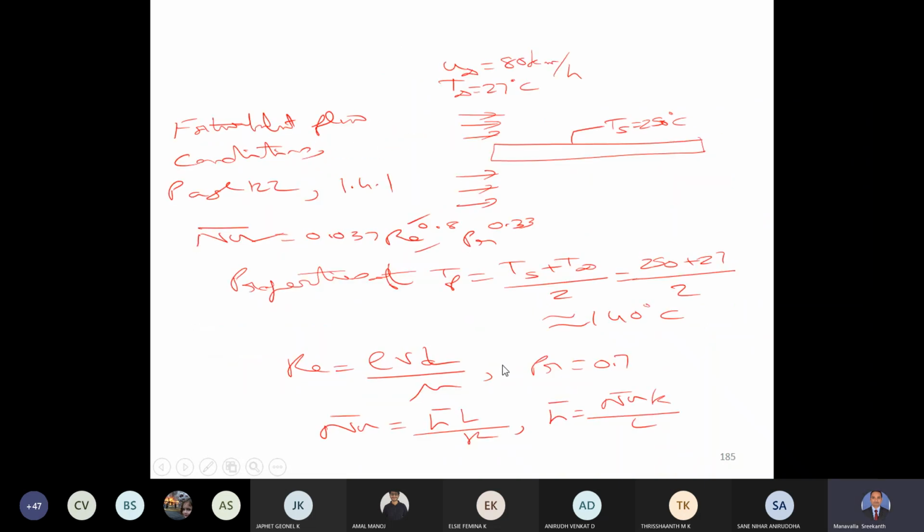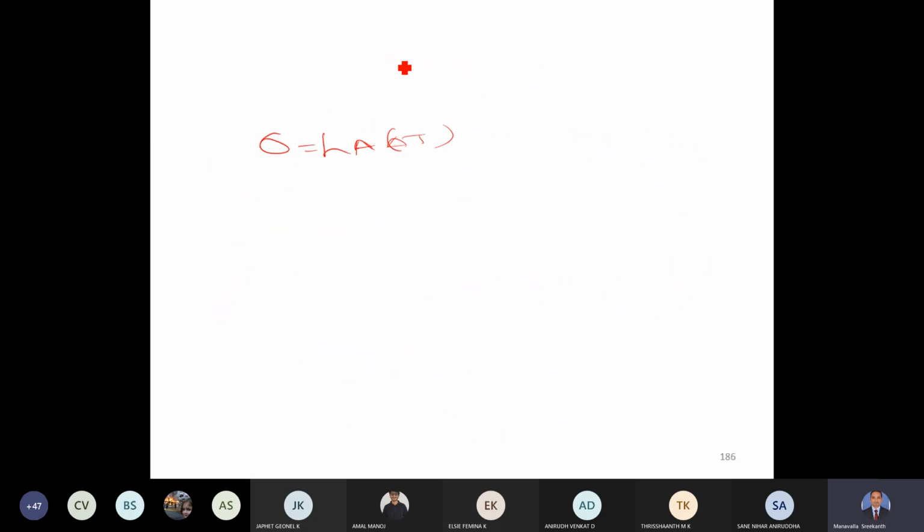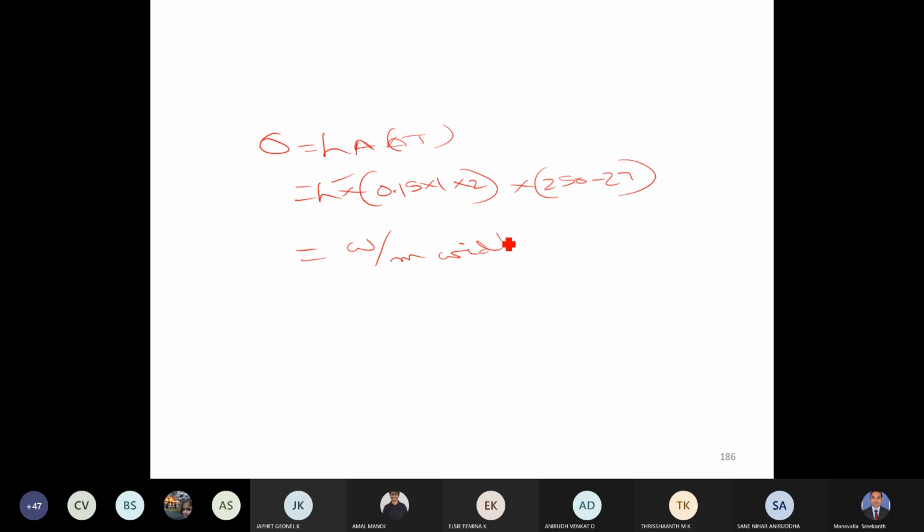So you have to calculate h multiplied by 0.15 multiplied by the unit width of the fin. This is area on one side. Multiply this with 2, this will be the area on both sides. Multiplied by delta T, which is 250 minus 27. And whatever h you get, you'll have to use that. So whatever answer will be in watt per meter width of the fin.